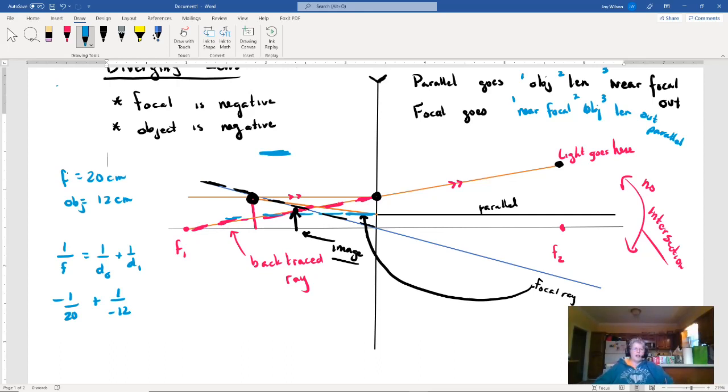Okay? So my object is positive. Objects are always positive. Image, we don't know. And so when we do that on this side, we get negative 1/20th minus 1/12 equals 1 over di. So I'll do that on my calculator real quick. 1 divided by 20 divided by 12.